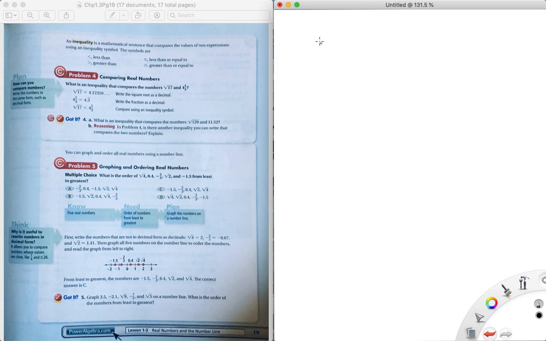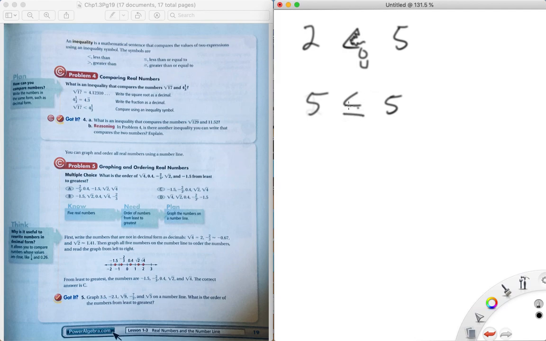Inequality, 2 less than 5. We know that the symbol, sometimes they give it teeth and it's a hungry alligator. It always eats the bigger number. So 2 is less than 5. I can also say 2 is less than or equal to 5, right? If they have the potential to be equal, I can say 5 is less than or equal to 5.